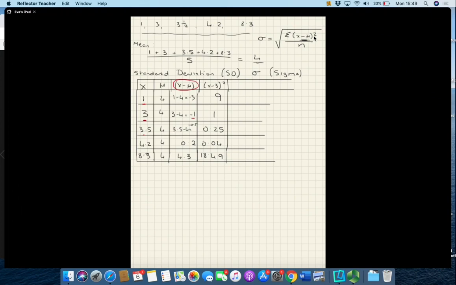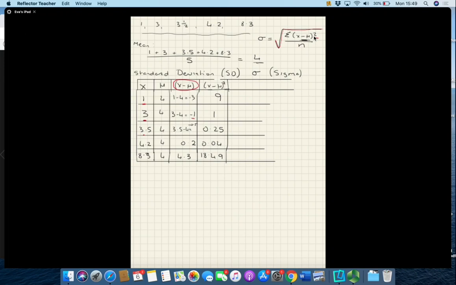Okay, now I have x minus 3 up there, that should say x minus mu. Okay, so that is the distances or the differences or the variations squared. So we square it to get rid of the minuses, and then you see at the end we square root it because we've squared it, to get back to it again.